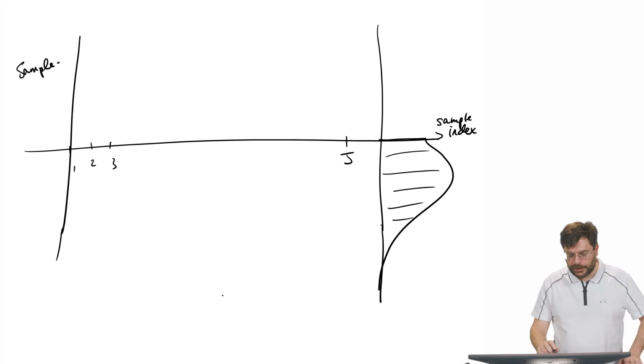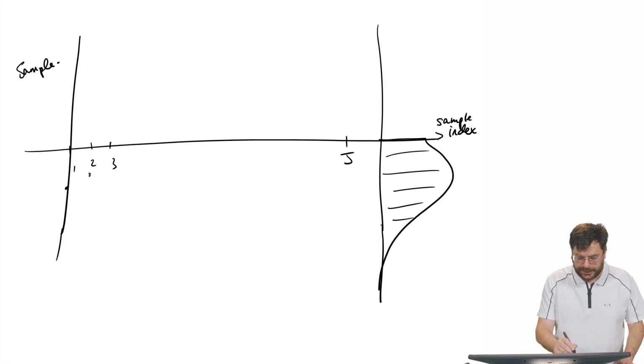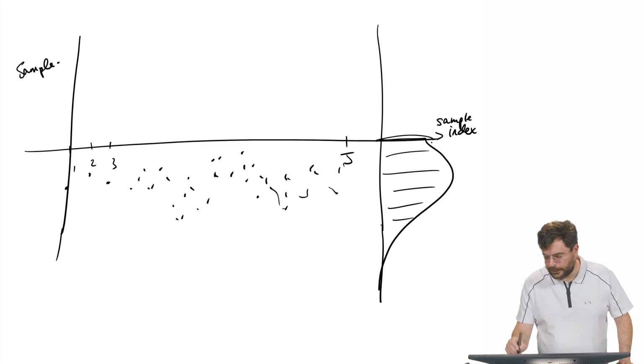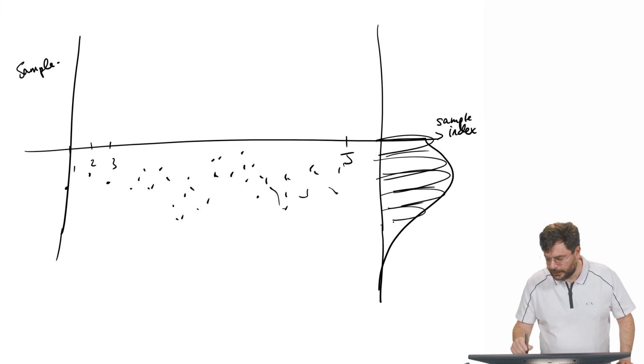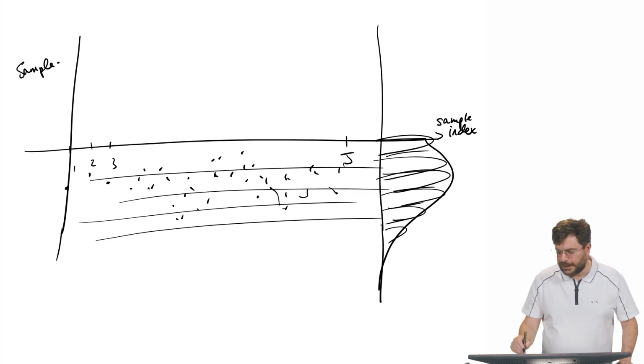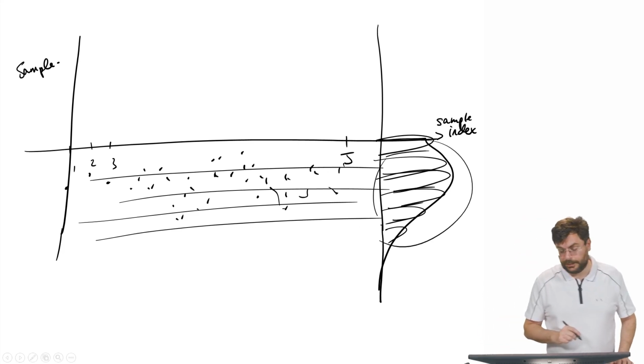Now, if my sampler is good, then maybe my first sample is here, my second sample is here, my third sample is here, and I get something that looks like this. If I histogram all of these samples and put them in the right bins, then I get something that looks very much like the target distribution.